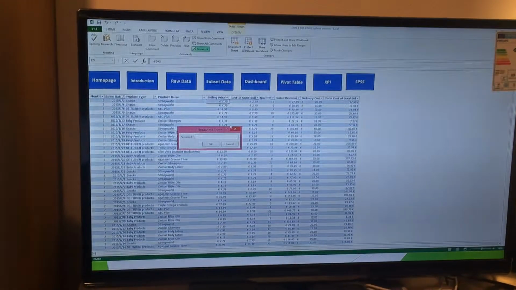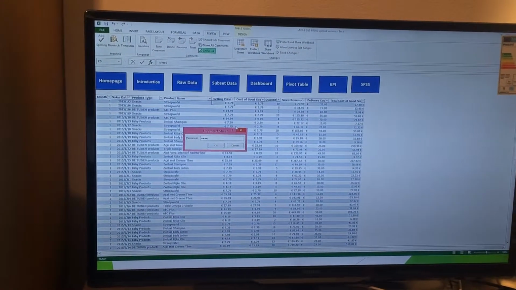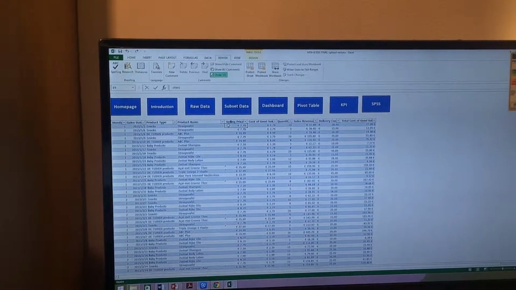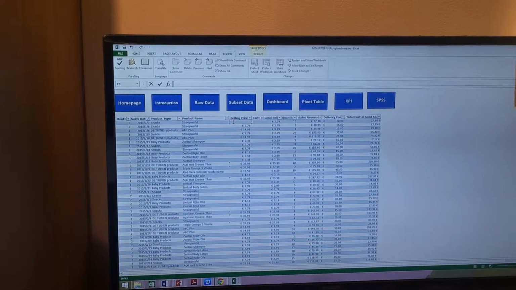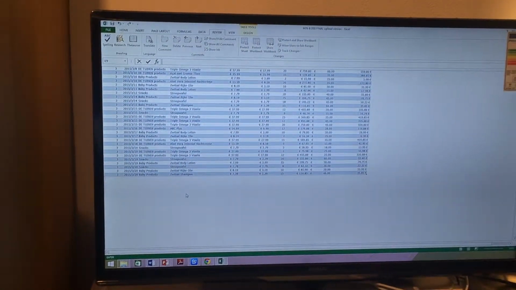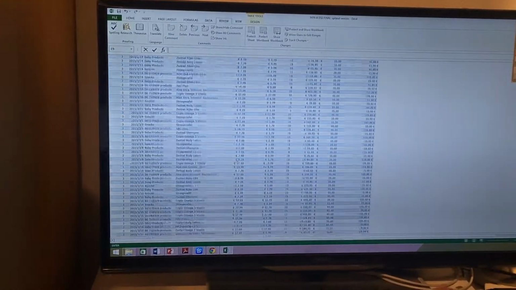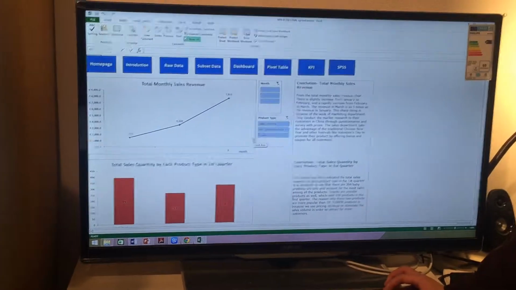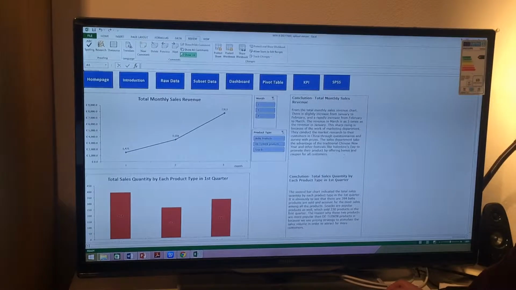You click on this one, and the password is 1234, and then you can change your price to whatever you want, and you can add things for your next quarter, and also generate a dashboard for the next quarter, which is clearer than the data.